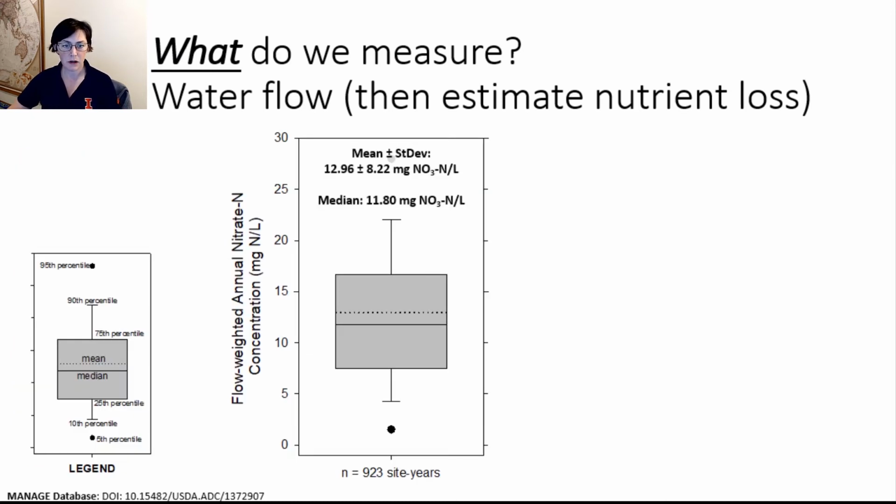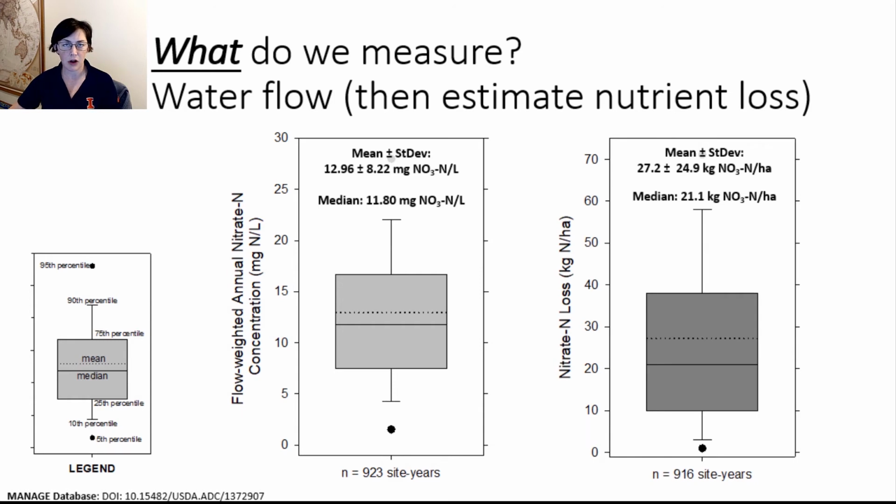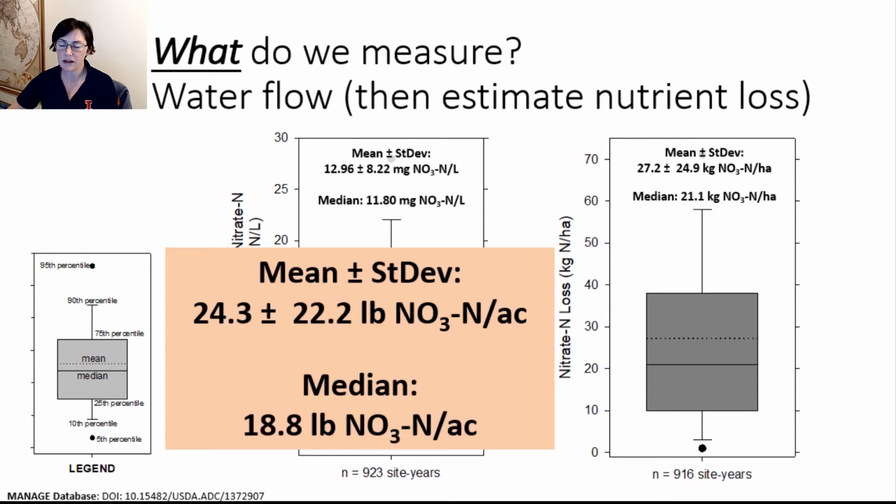You've seen this slide before, so I'm going to add to it. Based on the same large-scale study that I mentioned a couple minutes ago, we found the average or the normal kind of rule of thumb tile drainage nitrogen loss is roughly about 20 to 30 kilograms of N per hectare. Converting these metric units into U.S. customary units, we have a mean of 24 pounds of nitrate nitrogen loss per acre and a median of 19 pounds of nitrate nitrogen loss per acre.